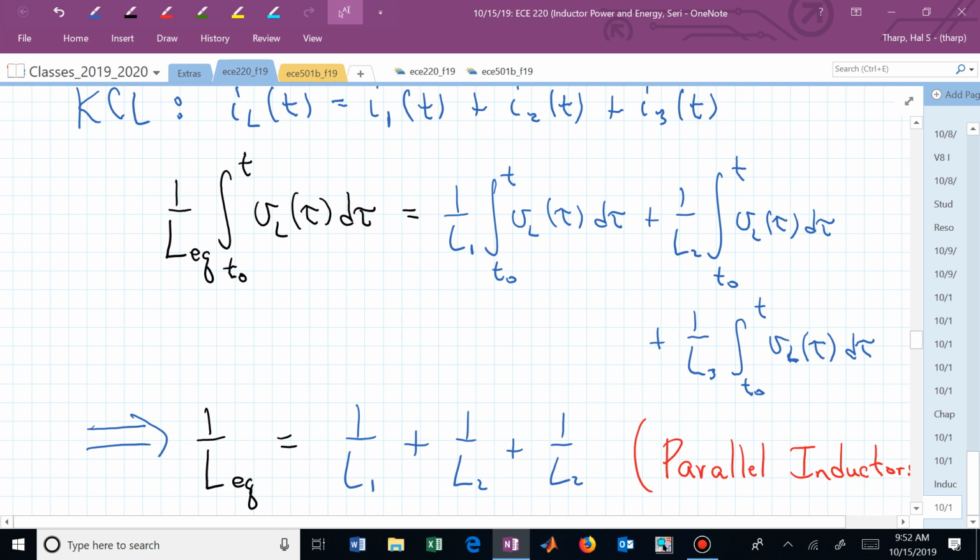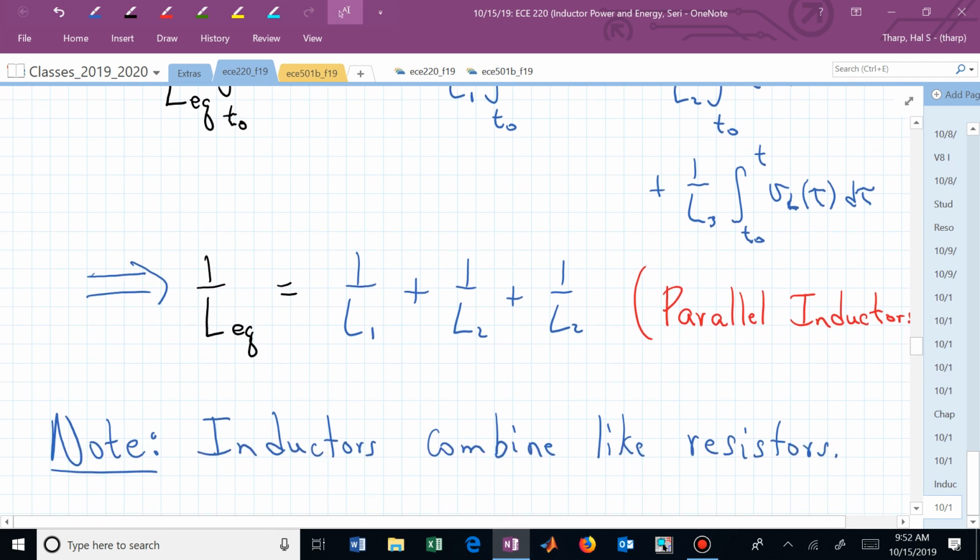It's this sum of reciprocals. It's 1 over L1 plus 1 over L2 plus 1 over L3, and that must be then the same as 1 over L equivalent. That's now how we combine inductors in parallel. And you'll get an exercise in that on your homework.